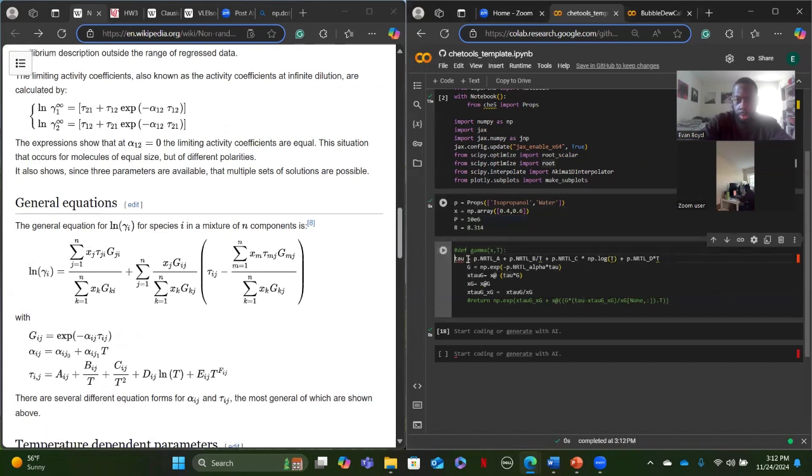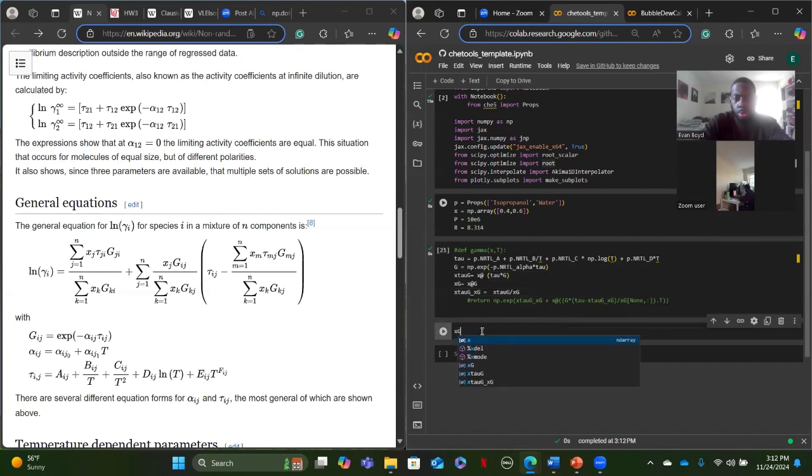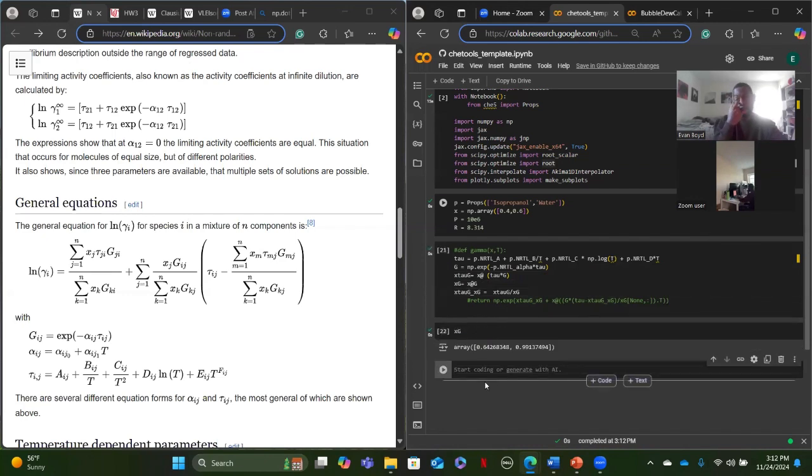When we pull out xG, we can see it's a 1 by 2 matrix, and everything inside this right here is a 2 by 2.